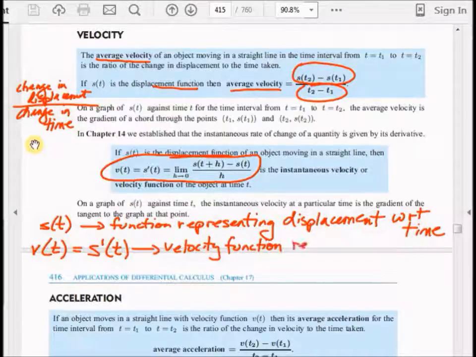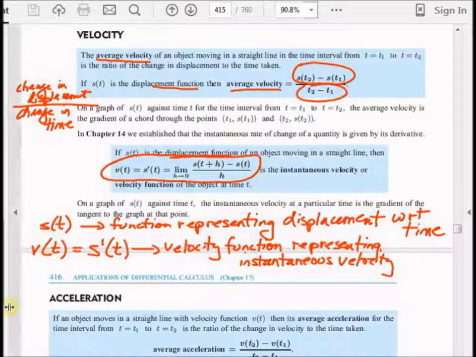It represents instantaneous velocity, so the velocity at that exact instant in time. If we look further on, we're going to look at the acceleration function.